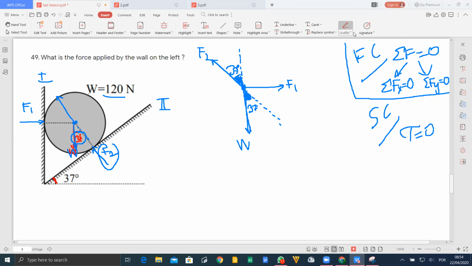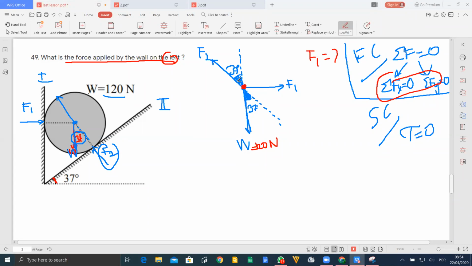Why? Because we are going to use the first condition around this point. We see that this is 120 newtons down. F1 we don't know, and the question is F1, by the way. The question is: what is the force applied by the wall on the left? So the question is F1.